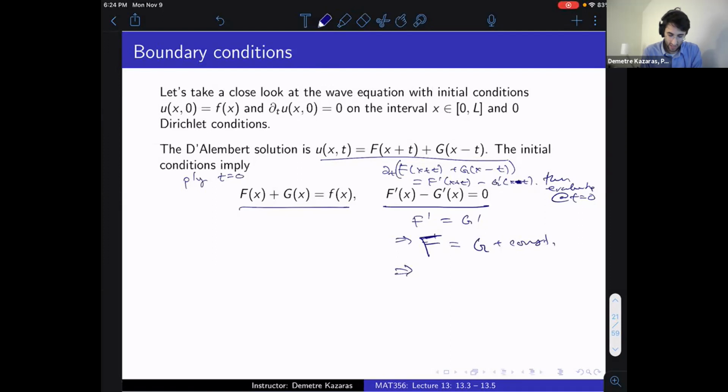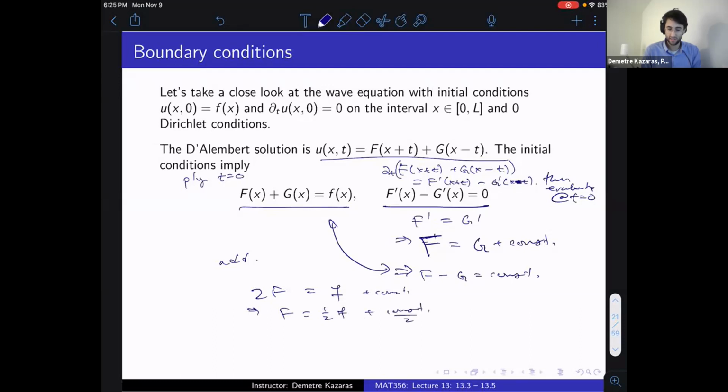Okay, so f minus g is a constant. And if you add that to this equation, so add them together, you get 2f plus g minus g, so that's 0, is equal to little f plus a constant. Let's just write it all out. So f is equal to 1/2 little f plus some other constant. Well, let's just write constant divided by 2, whatever.